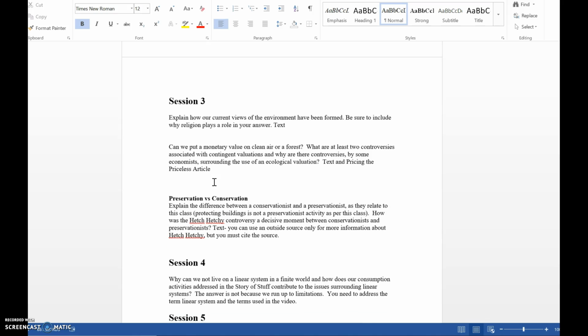Session 3. Explain how, and this is under Session 3, Ethics, Economics, and Policy, explain how our current views of the environment have been formed. Be sure to include why religion plays a role in your answer. Remember, the monotheistic religions really put an emphasis on God being in charge. And remember, in a lot of the Christian religions, God relates to a man.